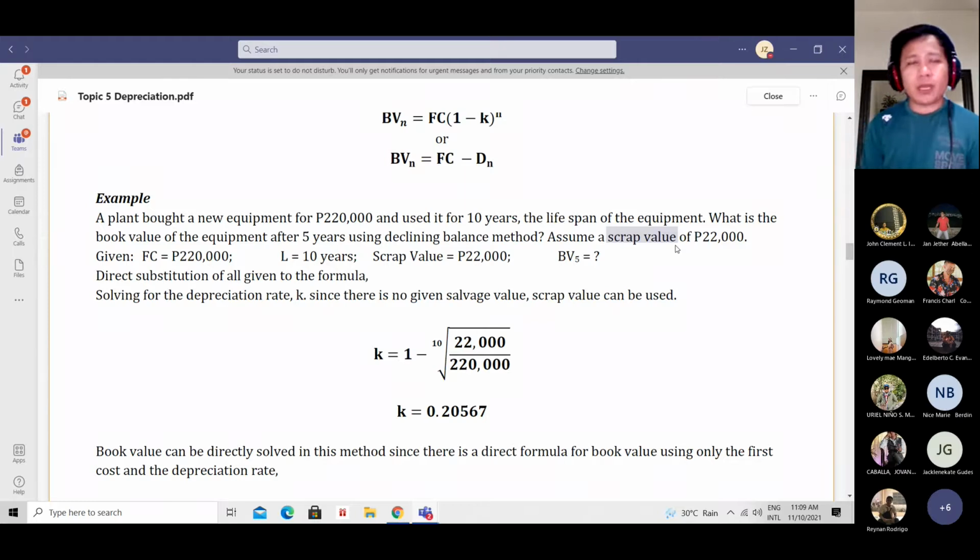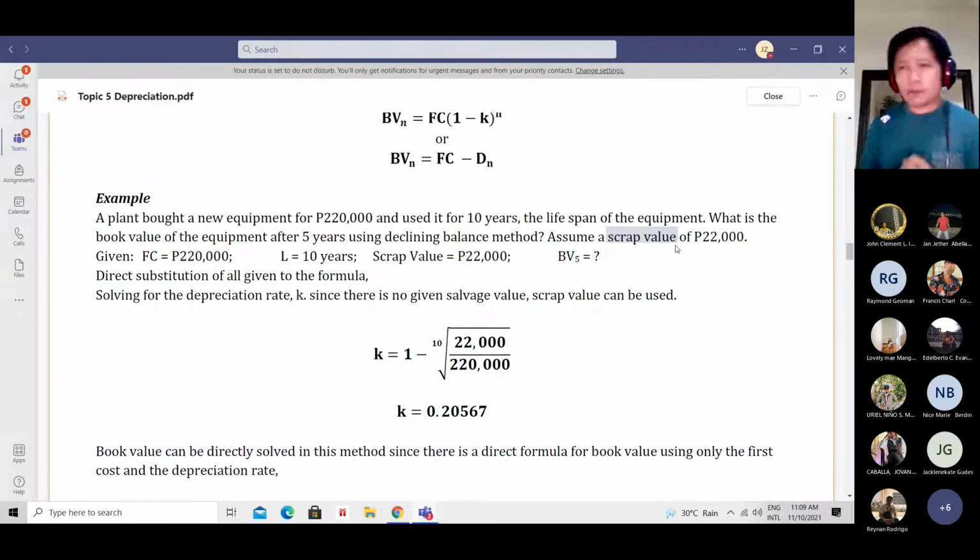Now, sir, when can we use scrap value and when can we use salvage value? Okay, so I had a student before who asked me that question, when to use salvage value and when to use scrap value. Now, usually, the problem will only give you one value. It's either the salvage value or the scrap value.